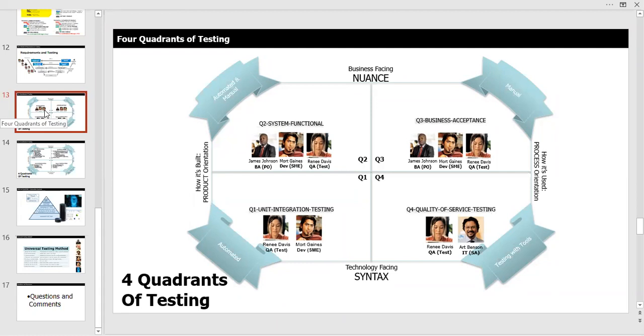So the QA test role tends to touch everything, whereas the BA generally touches directly the system functional and the acceptance testing. But every shop's different. There's no wrong way to do it. If you have a BA that is really knowledgeable and they can touch all of it, more power to them. But I always want BAs to think in terms of all of the quadrants as they're writing. That's really what I'm after.